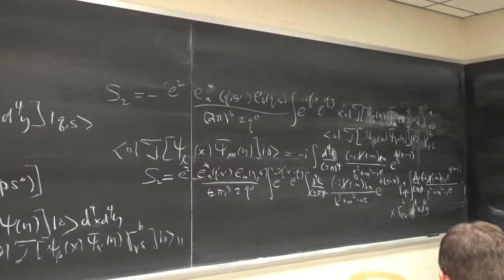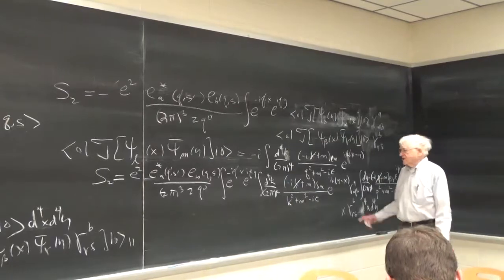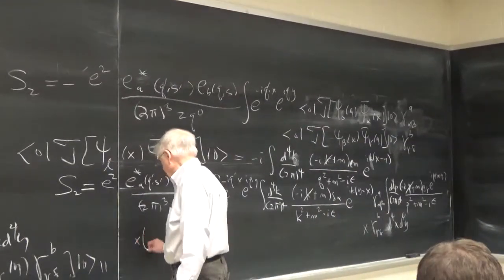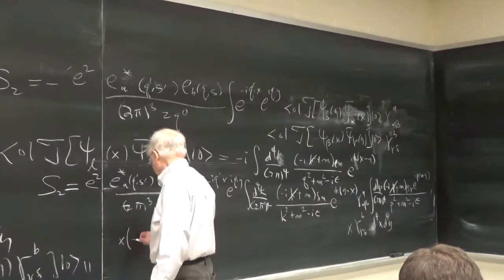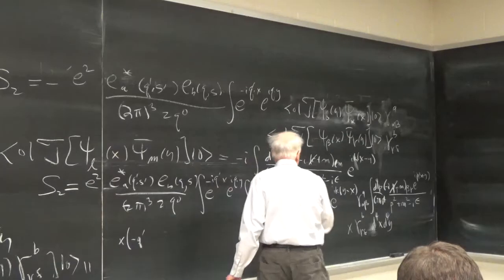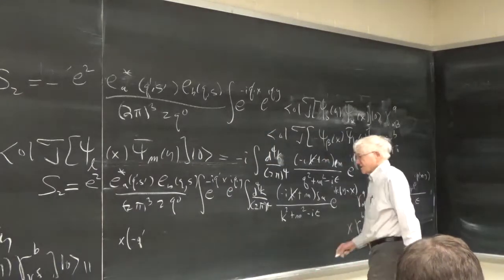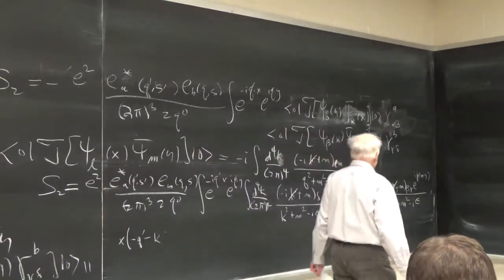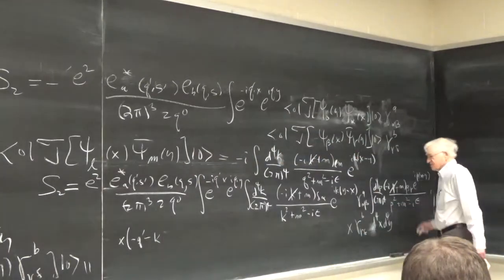And so what I do when I get something like this is I just write this down as x times, minus q prime minus k plus p.